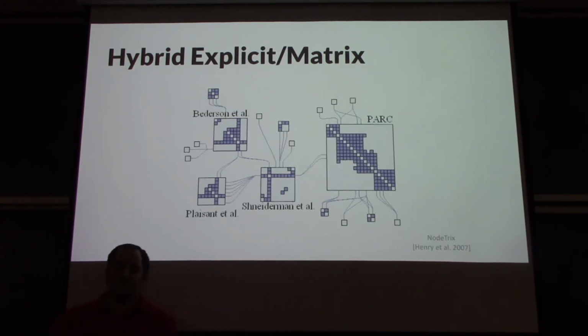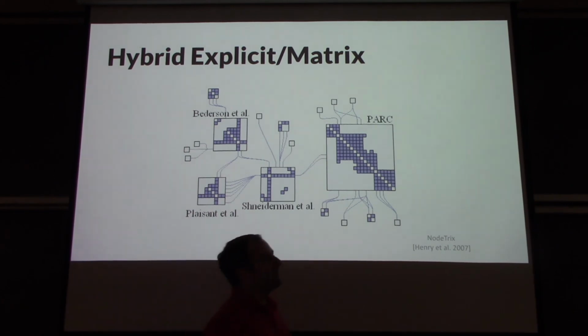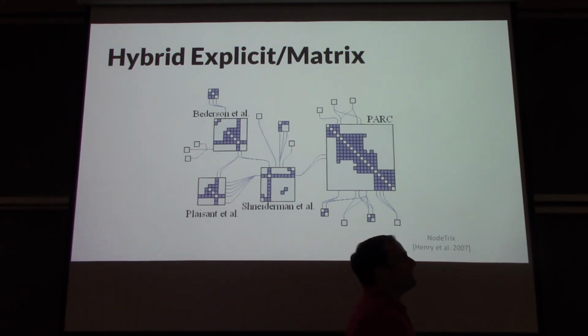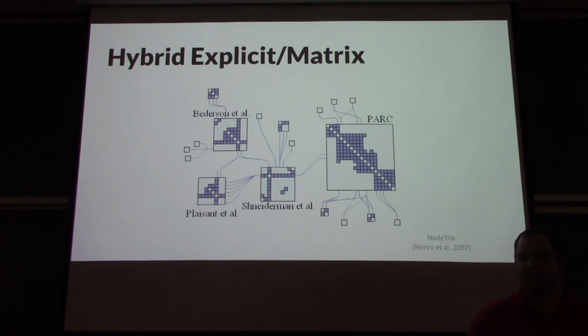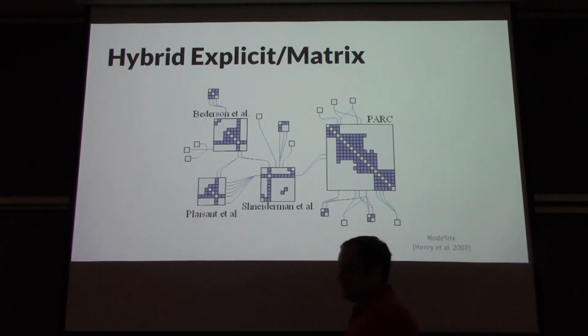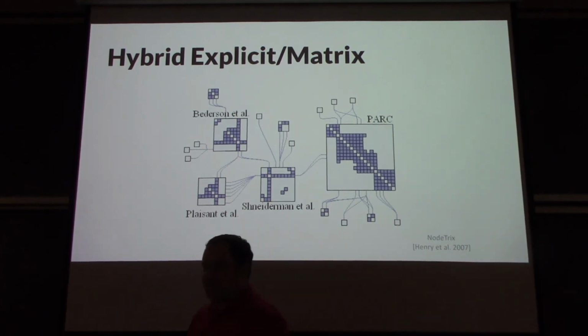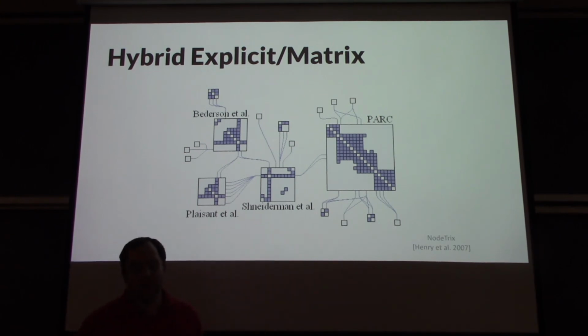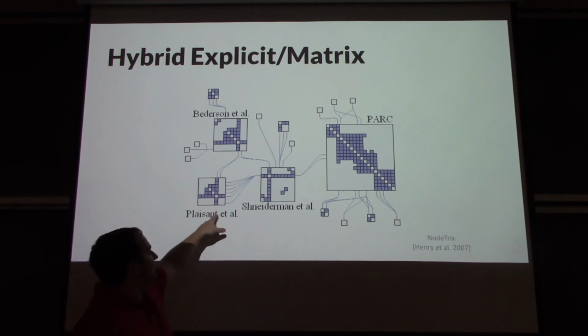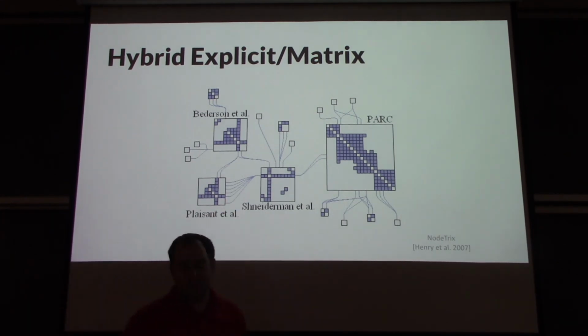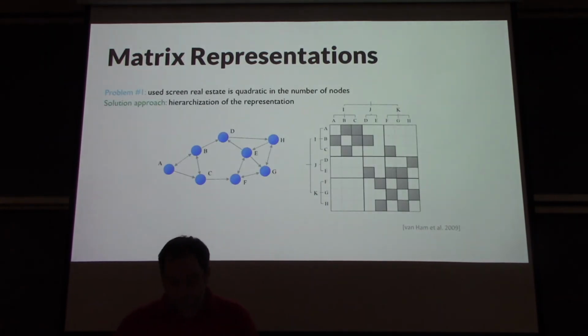And then people have also developed hybrids between node-link diagrams and matrices. Matrices are great for super dense connected subgraphs, but they don't really scale so well. So people figured, well, let's just represent a densely connected subgraph as a matrix, and then show these connections with links between these subgraphs.